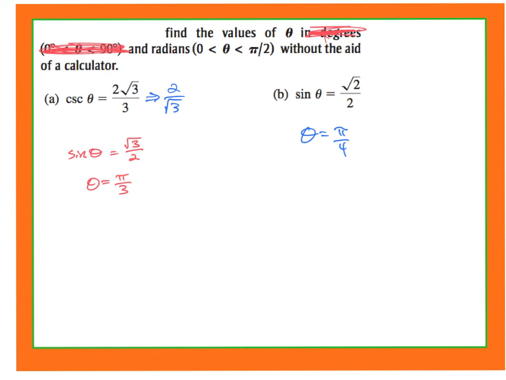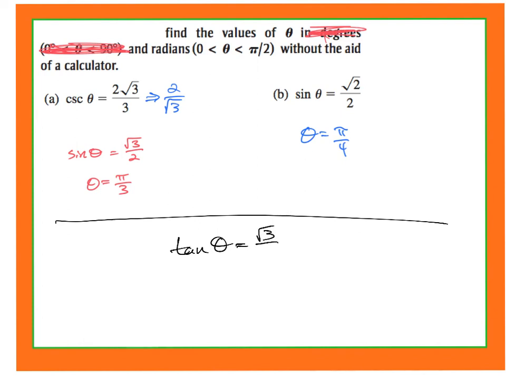Let's do you want to do a tangent or a cotangent? What do you want to do? You want to do tangent? Let's do tangent of theta is equal to square root 3 over 3. All right. I want to work with this backwards. Did this not get rationalized? Yes, so let's go backwards on it.